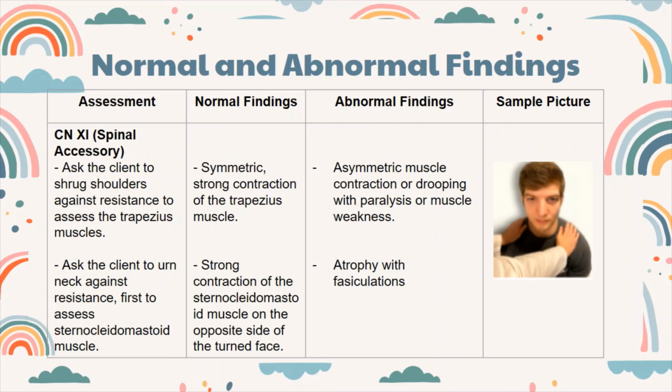Next is to ask the client to turn the neck against resistance, first to the right and next to the left, to assess the sternocleidomastoid muscle. So for the normal findings is strong contraction of the sternocleidomastoid muscle on the opposite side of the turned face. For the abnormal findings is atrophy with fasciculation. So presented on your screen is a sample assessment for cranial nerve number 11.